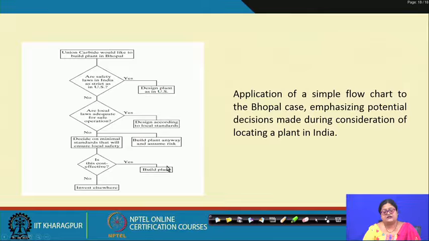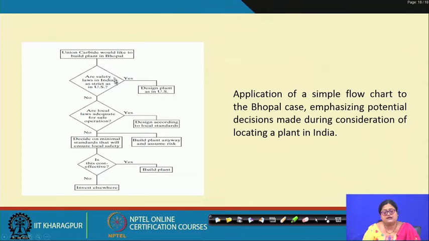If it is yes, then build a plant. If it is no, then invest elsewhere. So this is the application of a simple flow chart to the Bhopal case, emphasizing the possible decisions made during consideration of the location of the plant in India.